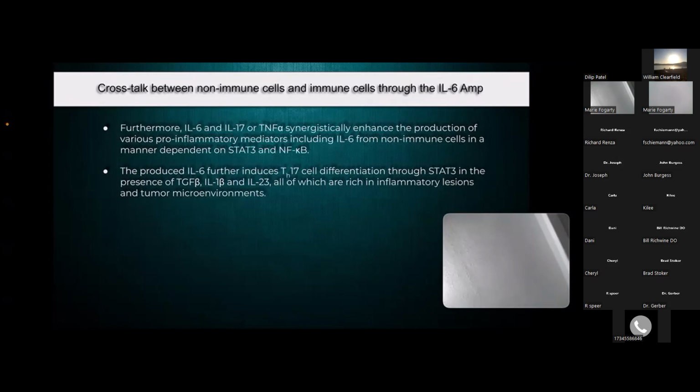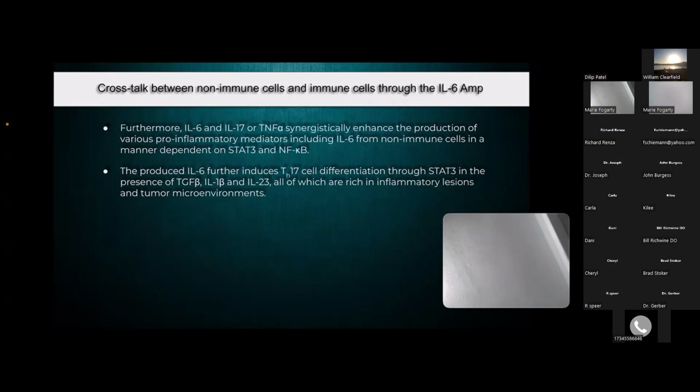Okay, so maybe STAT3 is also in the T cells because that's causing a differentiation. And these other cytokines, TGF beta, interleukin 1, interleukin 23, these are abundant in inflammatory lesions and tumor microenvironments.